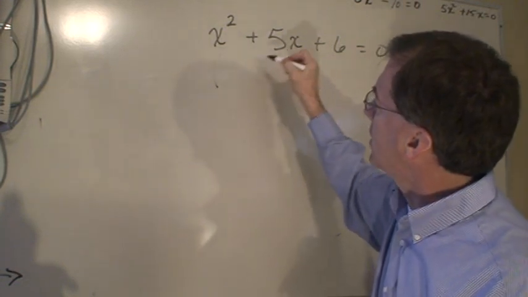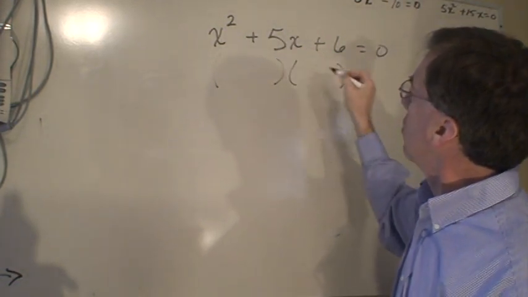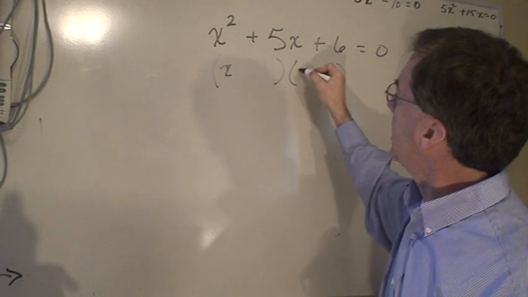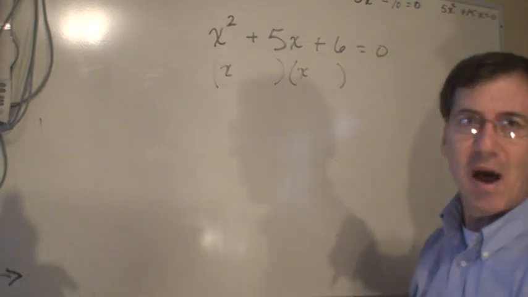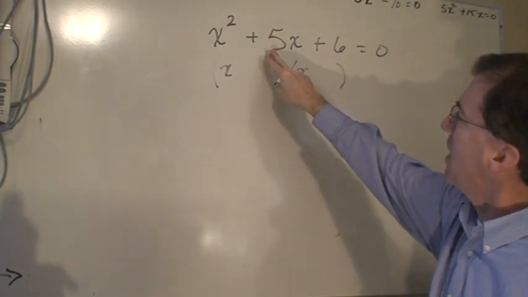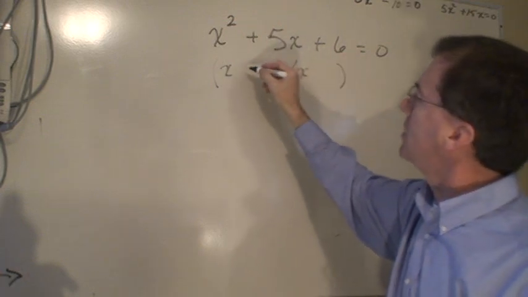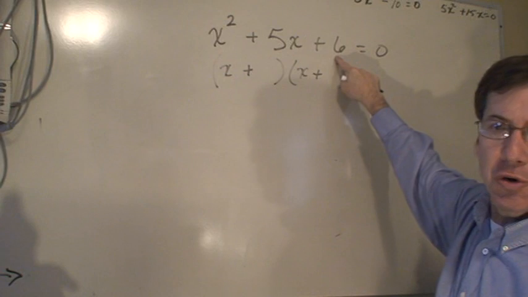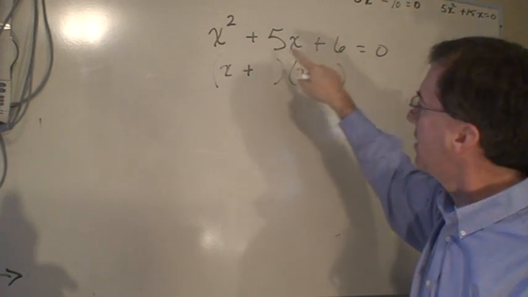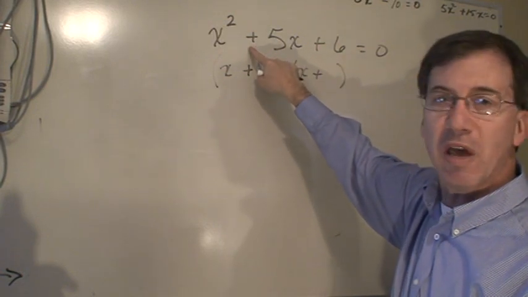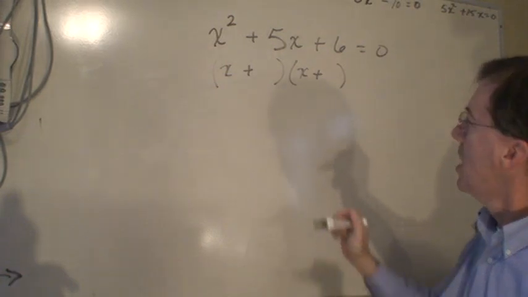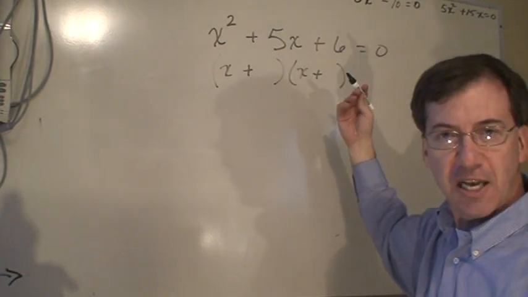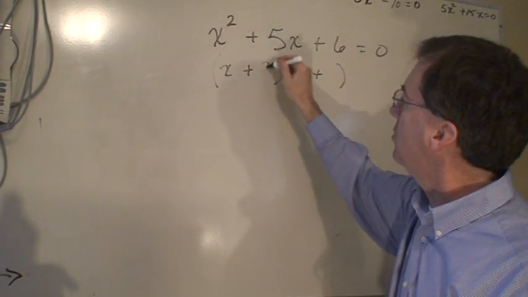So when we factor, we're going to have an x times x because we have an x squared. We've got a plus and a plus here, so that means we're going to have a plus and a plus in the factors. We're going to need 2 factors of 6 that add up to 5. So, what are 2 factors of 6 that add up to 5? Well, that's 2 and 3.